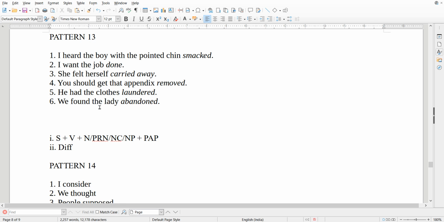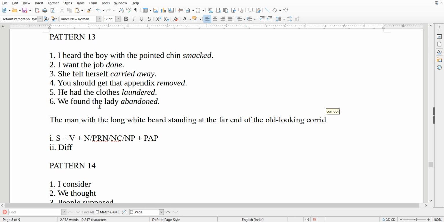You can use a noun phrase or noun clause, for example, the man with the long white beard standing at the far end of the old looking corridor had his will executed.